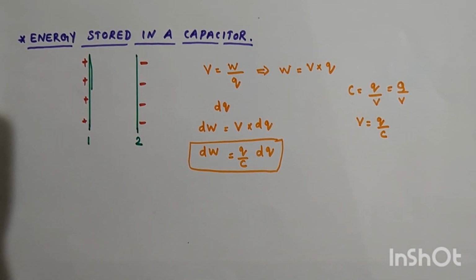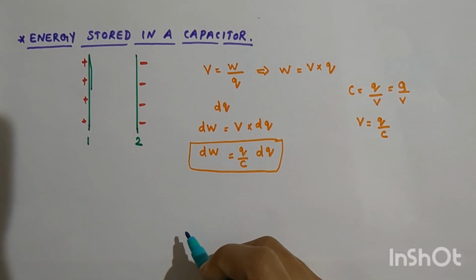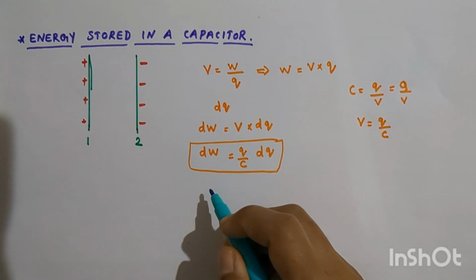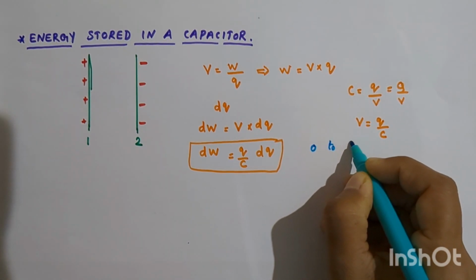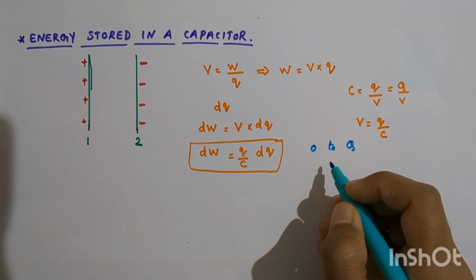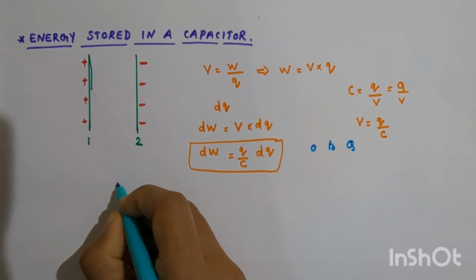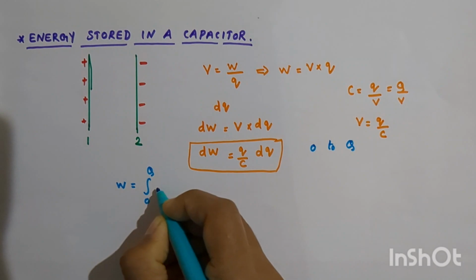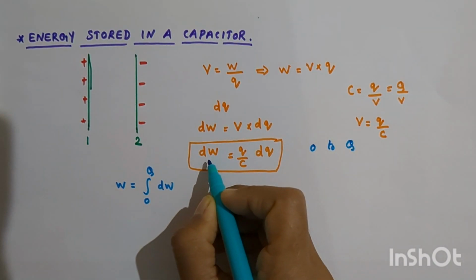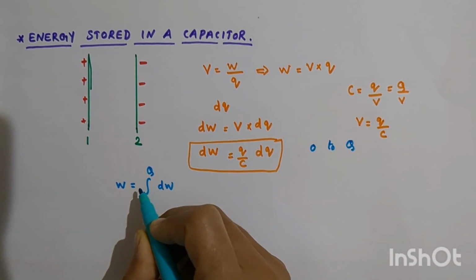Initially there were no charges in the capacitor plates, and we are charging the capacitor from 0 charge to an amount capital Q of charge. The total work done for that will be equal to the integral 0 to Q of dW. That is, we integrate this small amount of work done to get the total work done.